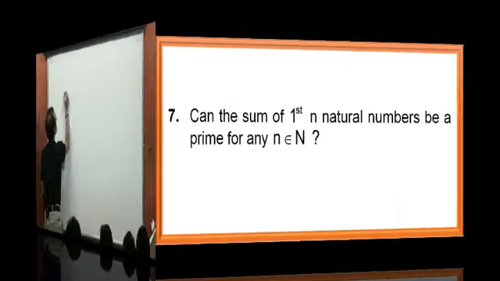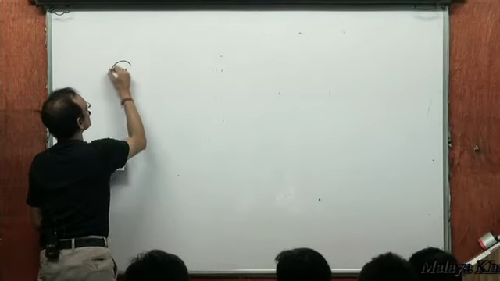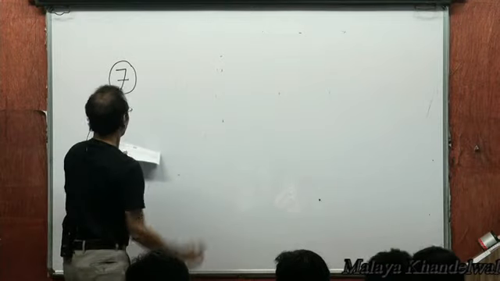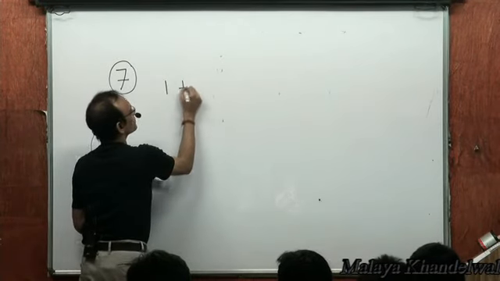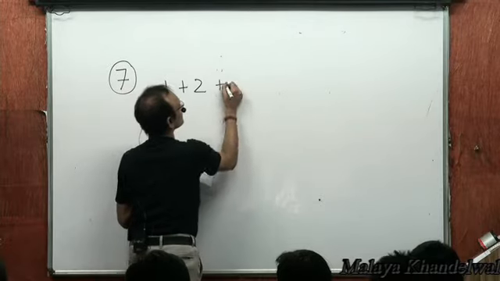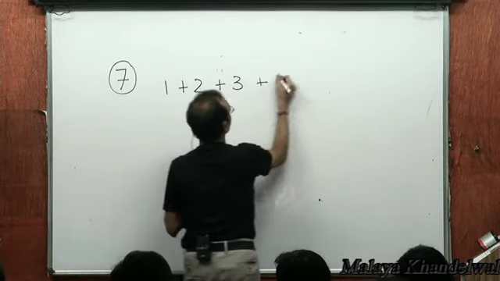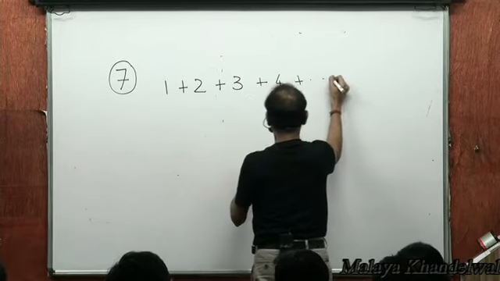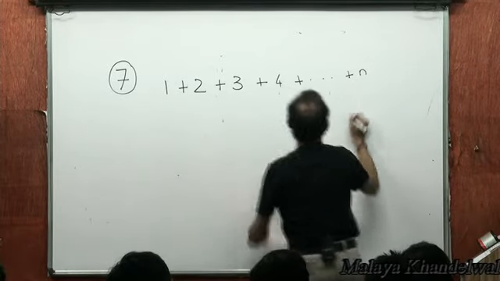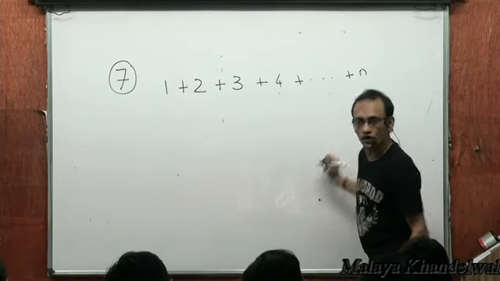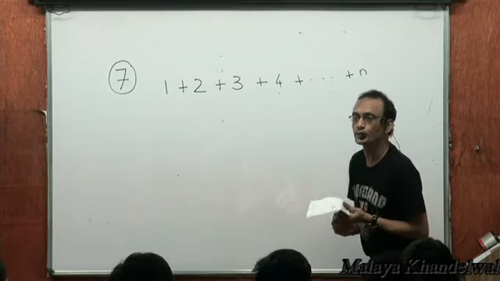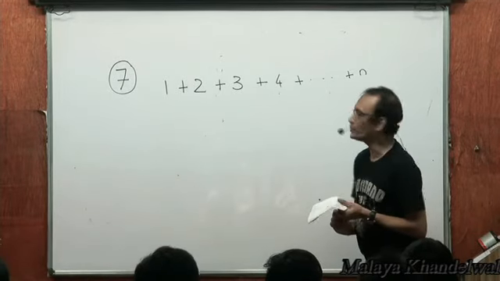Perhaps the simplest: can the sum of the first n natural numbers be a prime number? You know, there are two kinds of numbers, prime and composite.